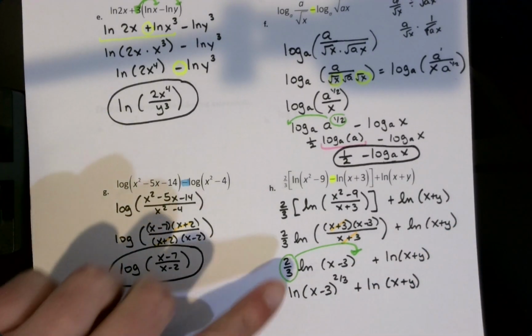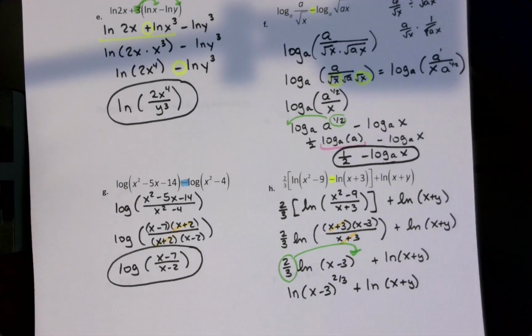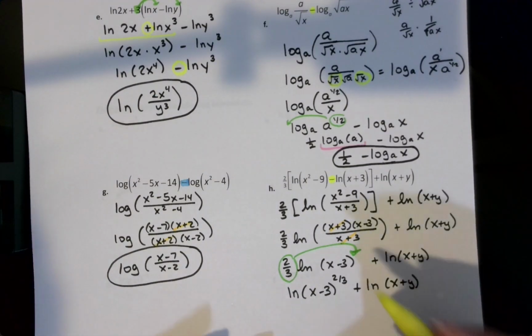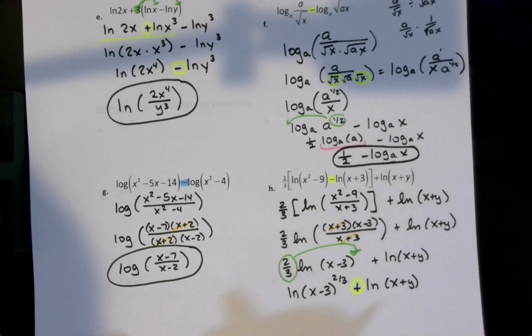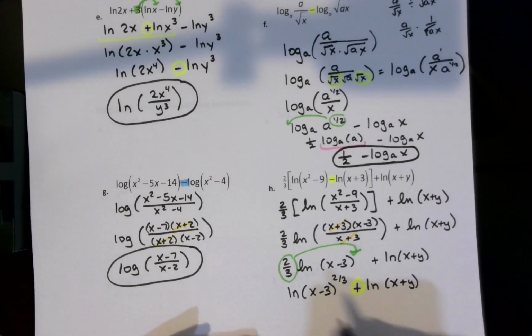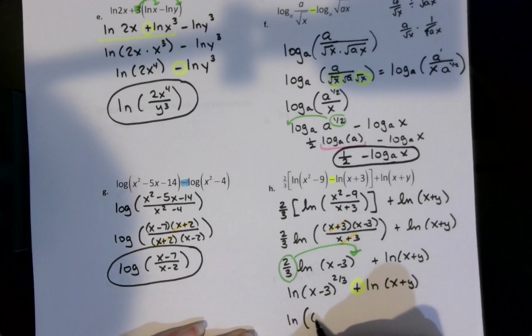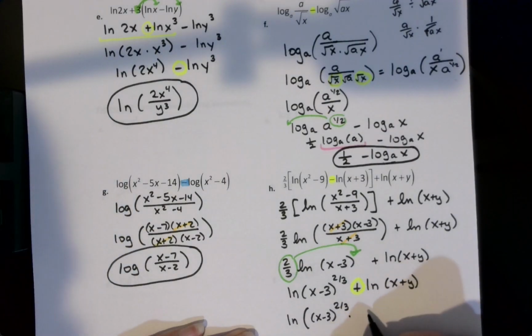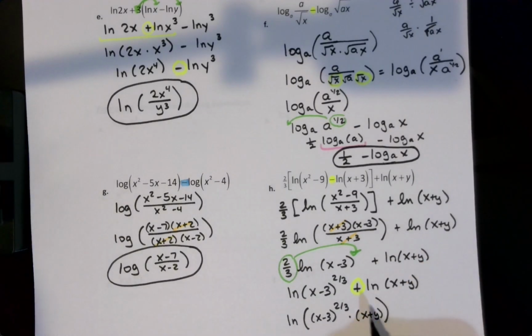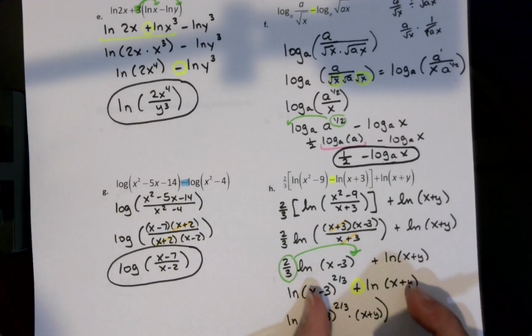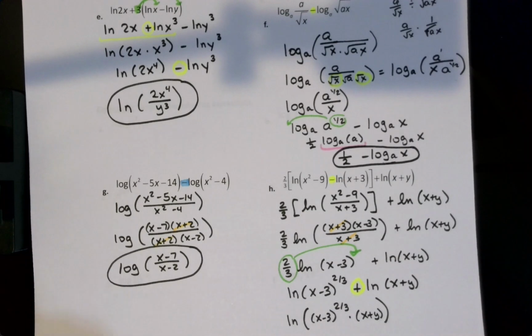I had to pull that power up on this one before I was able to use the product property to turn that addition into a multiplication. But I'm going to end with the natural log of x minus 3 to the 2/3 times x plus y, condensing by multiplying the insides of that log inside of a single natural logarithm.